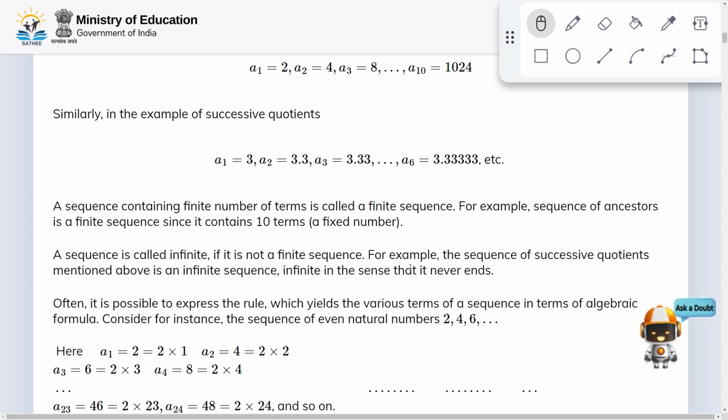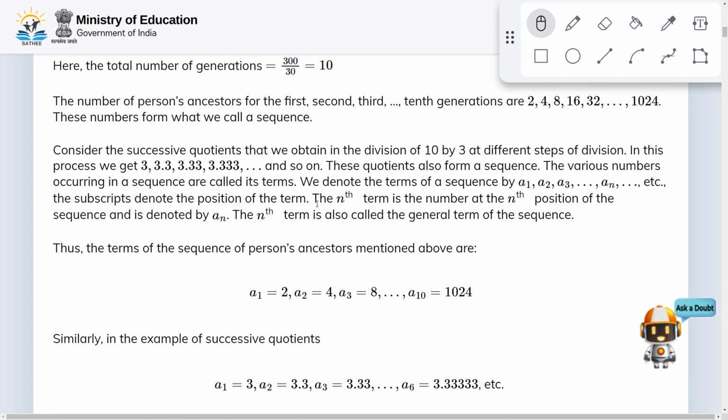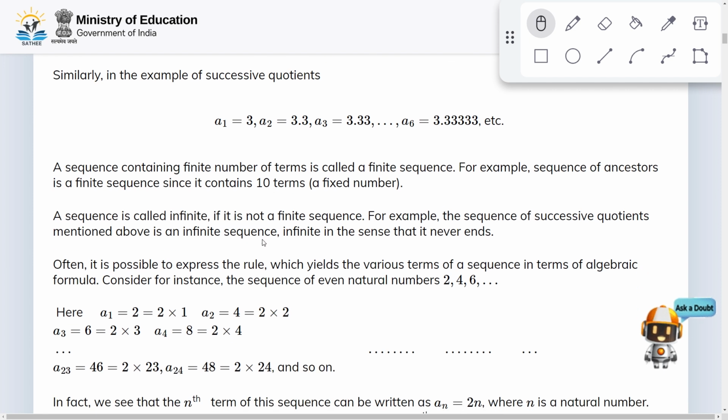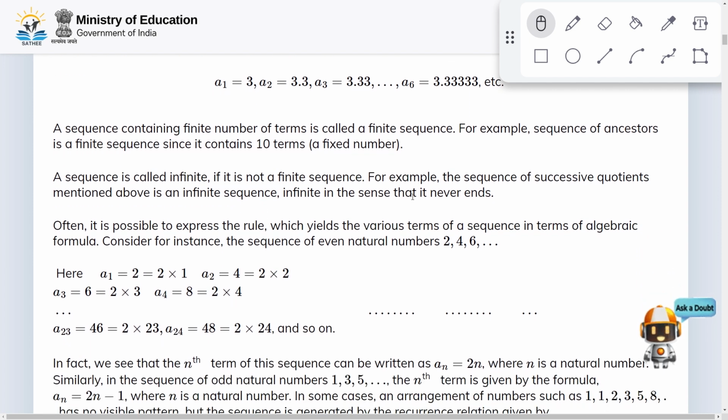The sequence of successive quotients mentioned above is an example of an infinite sequence. As you can see, these three dots show that our sequence keeps going. The infinite sequence never ends, whereas the finite sequence ends.